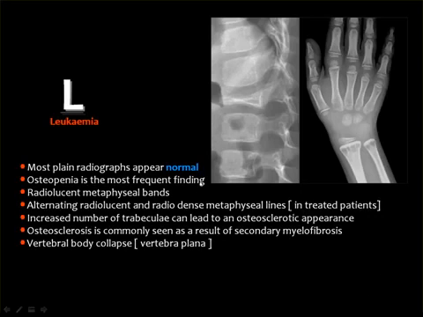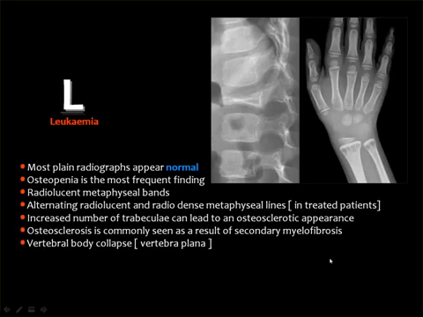Osteopenia is the most frequent finding, and this osteopenia can be due to decreased bone density, senile, can be due to myeloma, can be due to any other pathology which can lead to decreased bone density. Then radiolucent metaphyseal bands or alternating radiolucent and radiodense metaphyseal lines, especially in treated cases.